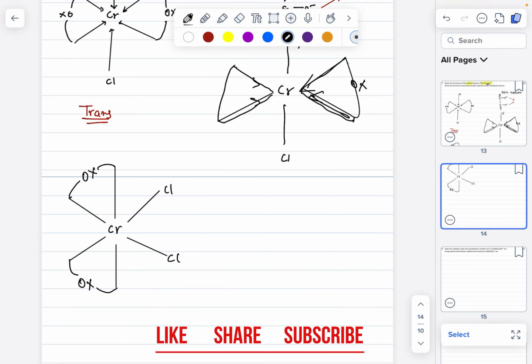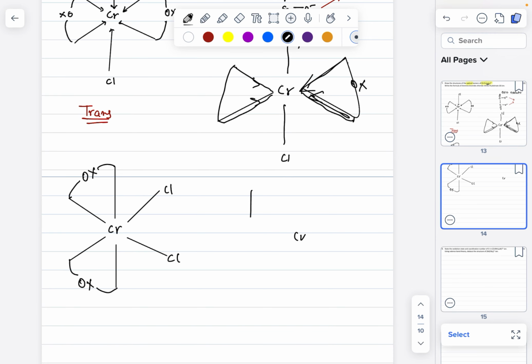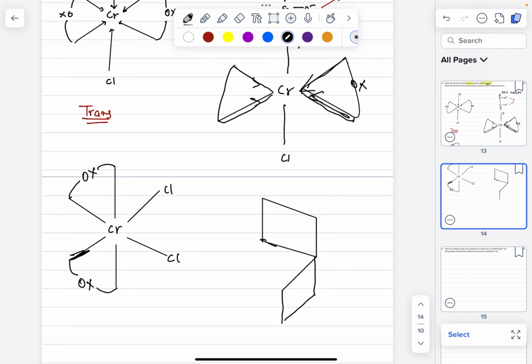Now you understand how the structure is. This is one triangle, this is our chromium, and this is the triangle. For me drawing the square is easy, so consider that this is in one plane. This downside, while I am writing this way, is in a different plane.